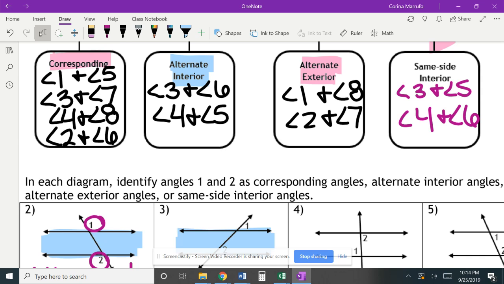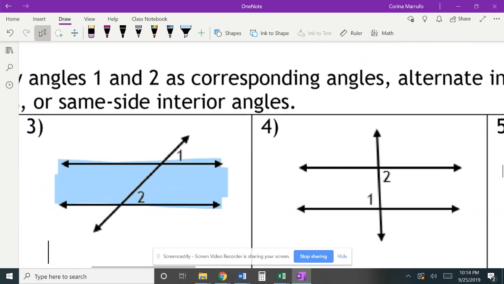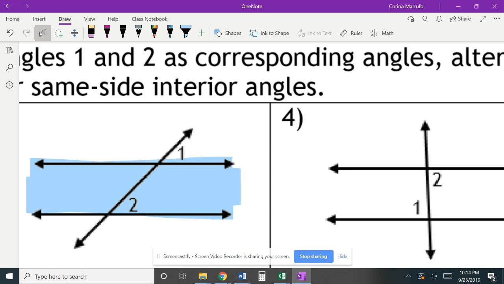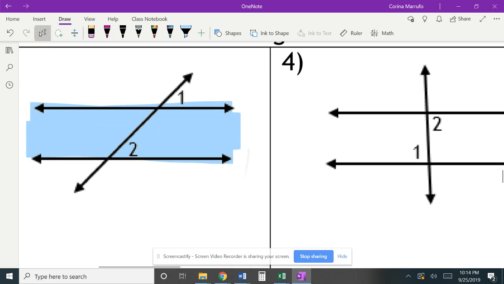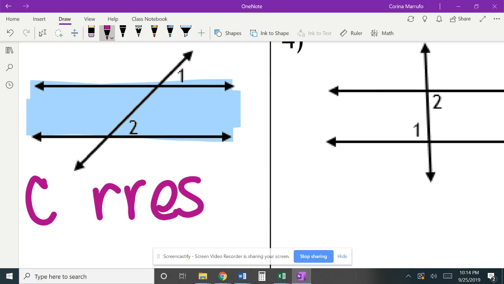So our only other option is corresponding. And if you notice, they both have the exact same position. They're both to the right of the transversal, and they are both above the parallel line. So these are considered corresponding.